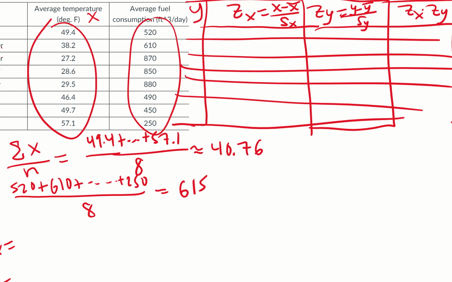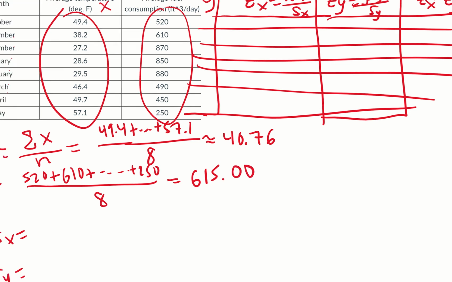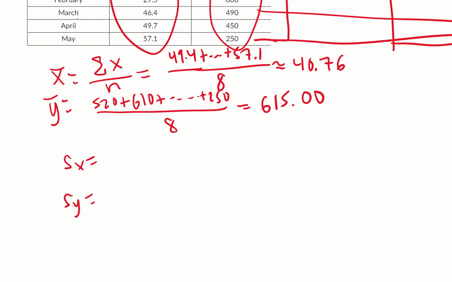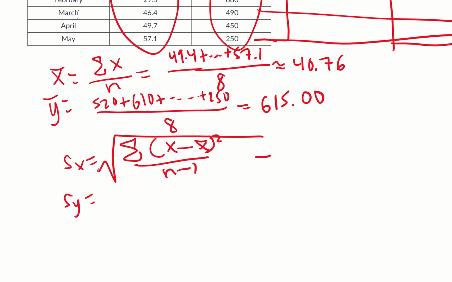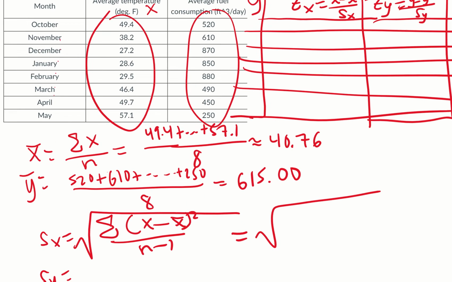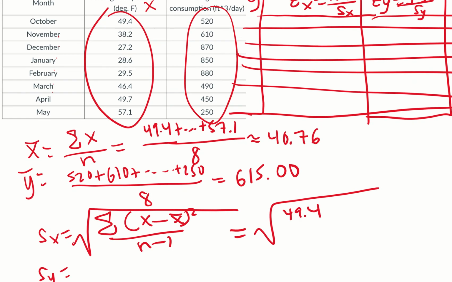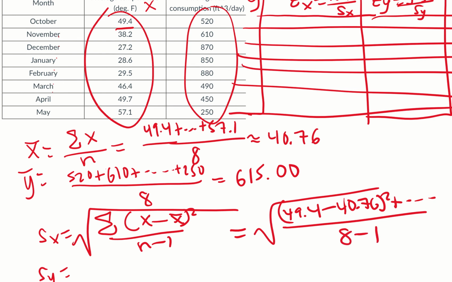Okay, so I went ahead and calculated those averages for you. We got 40.76, and we got 615.00 because it's 2 decimals. Then we got the SX. Remember, to calculate the SX, you take the square root of the sum of X minus X bar squared, divided by N minus 1. So you take this first X value, 49.4, minus the average we just got, 40.76, squared, plus dot, dot, dot, all over 8 minus 1.